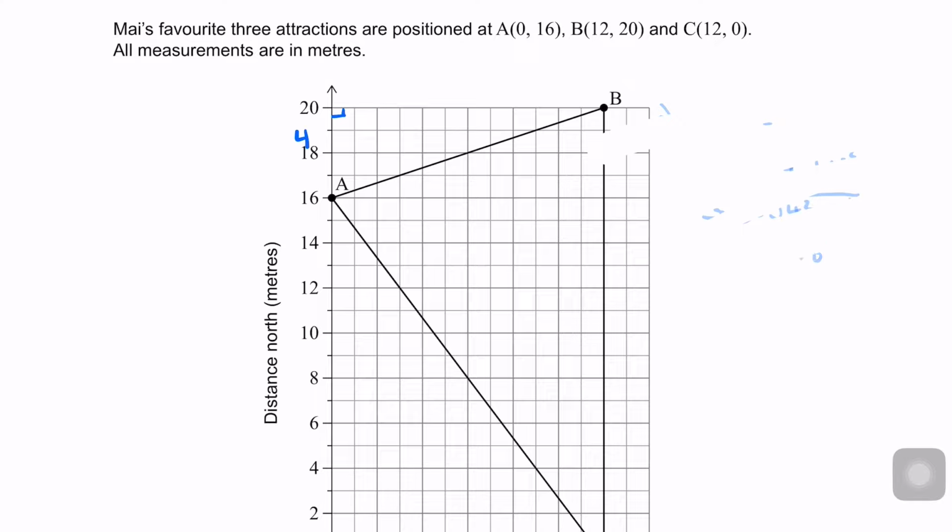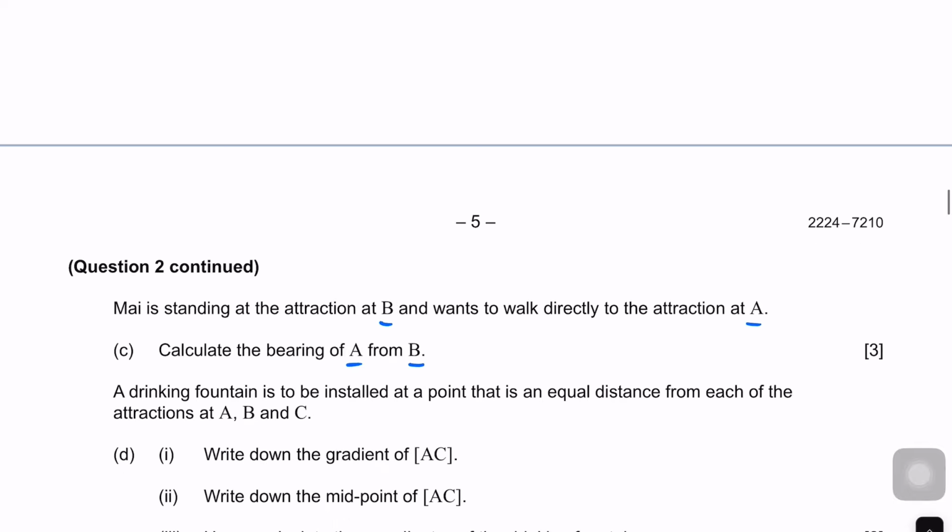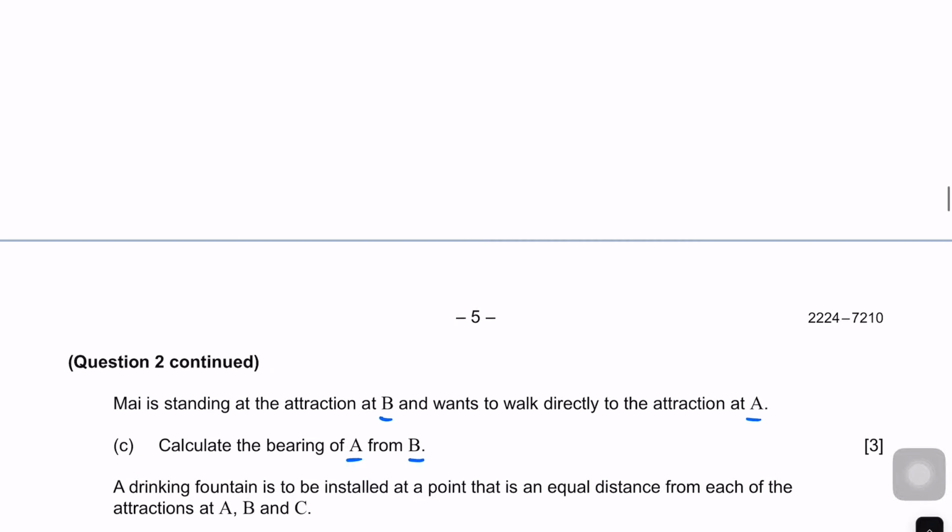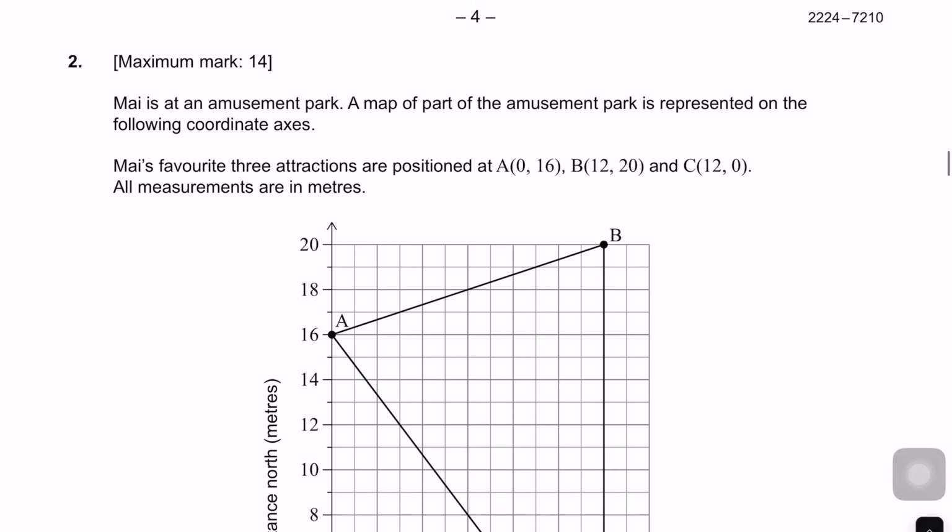So she's standing at B and wants to walk to A. Is that the question? The bearing of A from B. Okay, A from B. So here she is at B. She wants to walk to A, and we want to know the bearing of A from B.